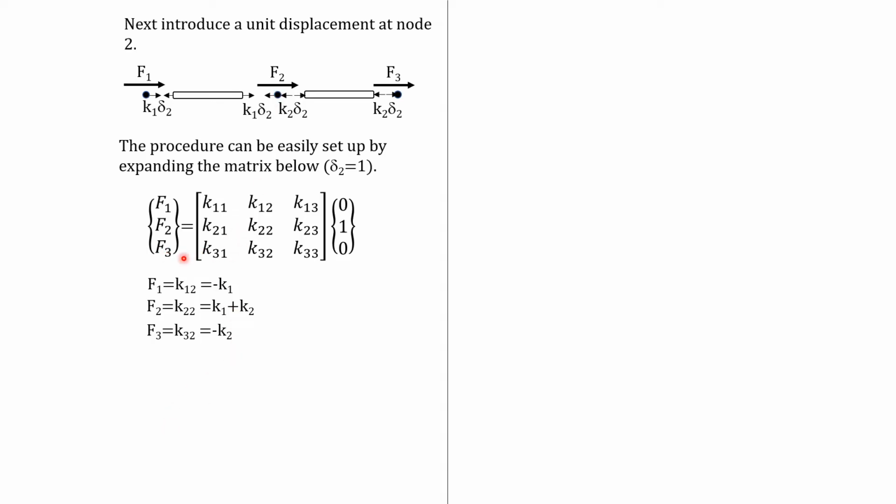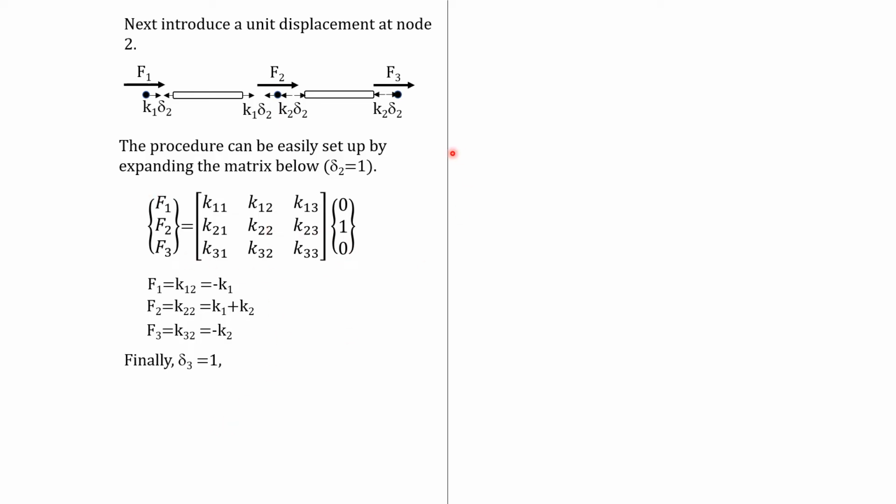F3, on the other hand, is equal to K32, and K32 equals negative of K2. If we write the static equation at this node here, F3 plus K2 delta 2 equals 0, so F3 is negative of K2, and F3 is also equal to K32 if we consider this matrix and expand it.